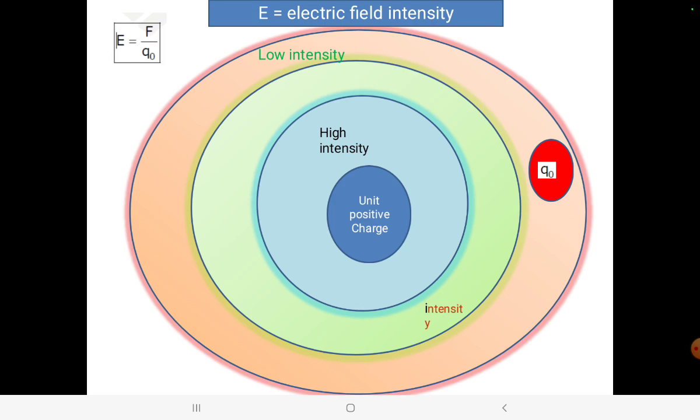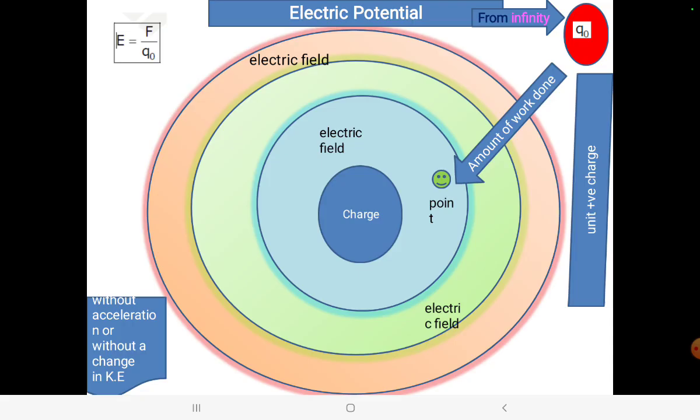For example, for that q naught charge, if I want to bring this q, there is some difference. This q naught charge will be moved to the outer circle. There are 3 circles around the charge. Let's think the nearest circle is 1, the next is 2, and the next is 3.